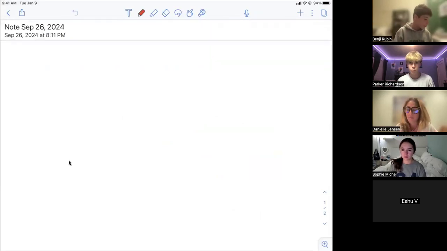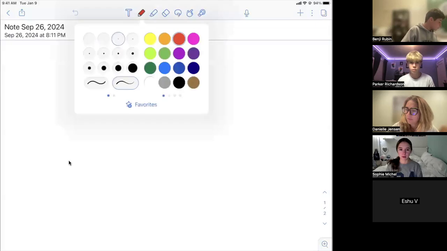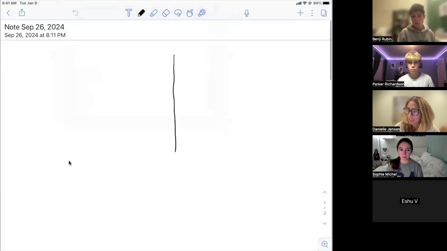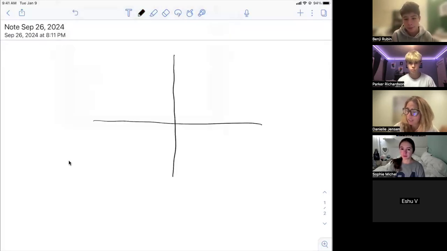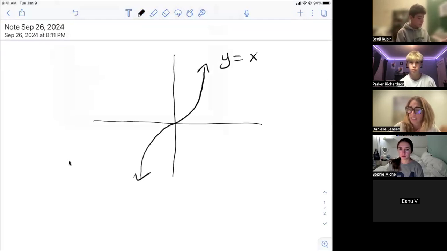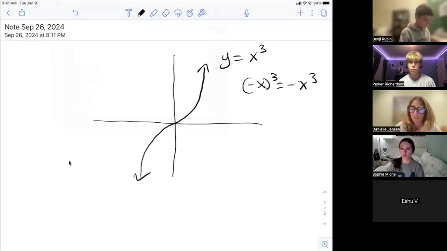What should the symmetry be? Origin symmetry. Yeah. So a simple graph that is both odd and one-to-one, meaning it passes the horizontal line test, is y equals x to the third. If I plug in negative x, that's equal to negative the function. So that's both odd and it would have an inverse.